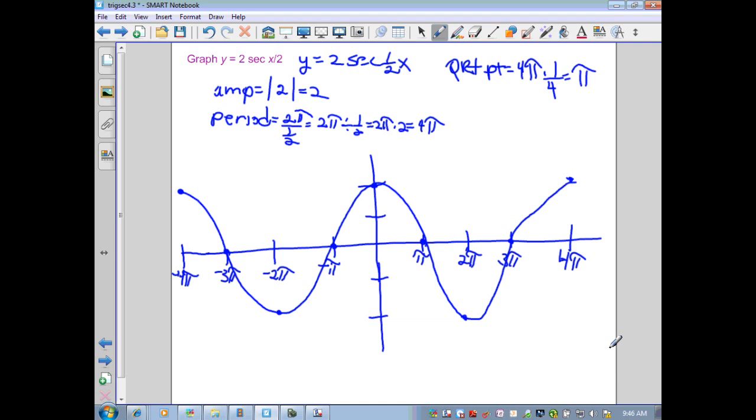Now let's graph y equals 2 secant 1/2 x. Recall that I have vertical asymptotes at the x-intercepts. So I'm going to drop my vertical asymptotes at those points.